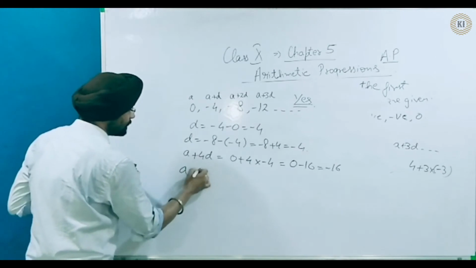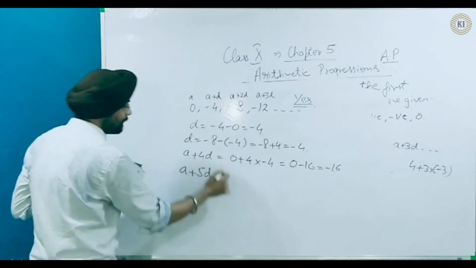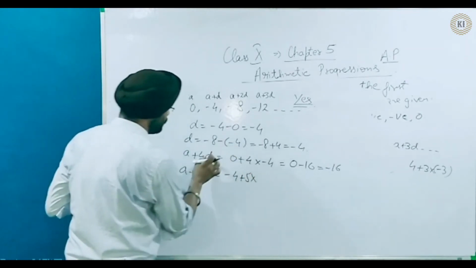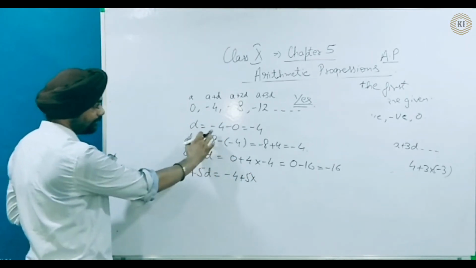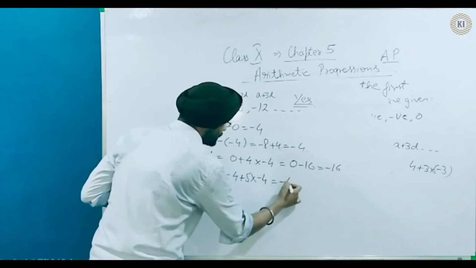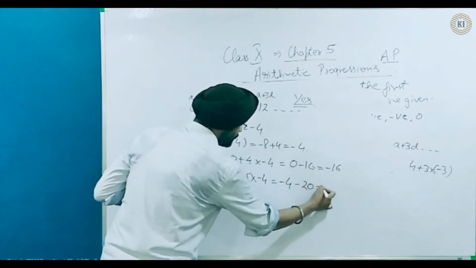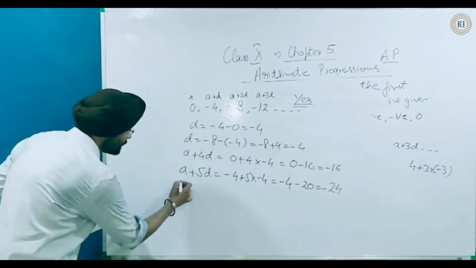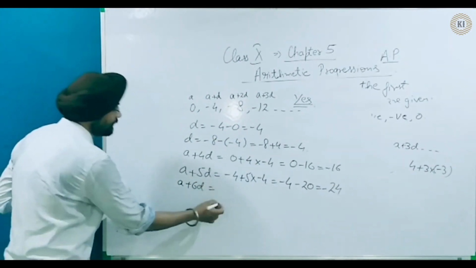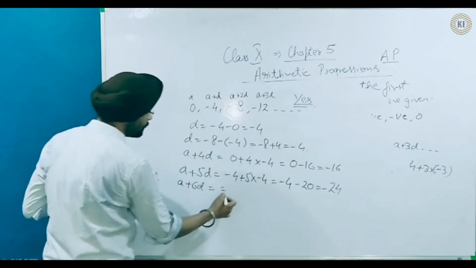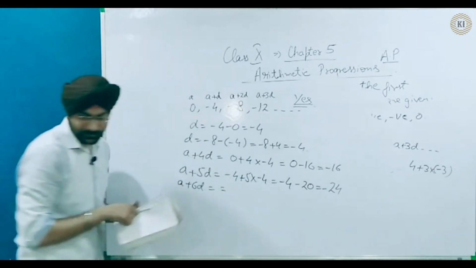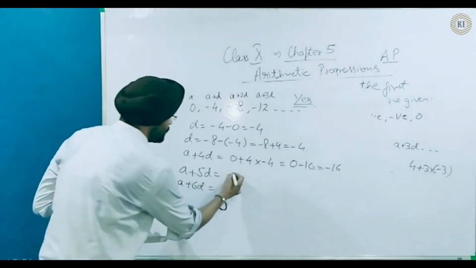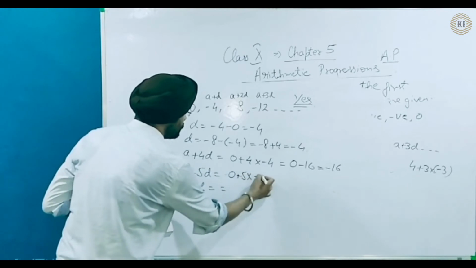A plus 5D: the value of A is 0 plus 5 into D. The value of D is minus 4.